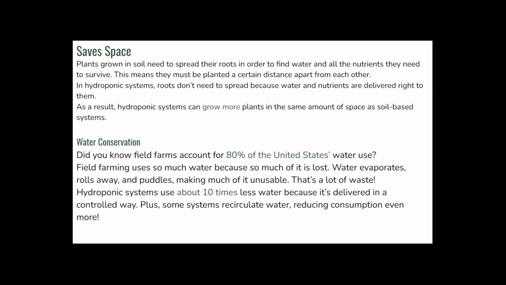And the advantages of hydroponics: it saves space. Plants grown in soil need to spread their roots in order to find water and all the nutrients they need to survive. This means they must be planted a certain distance apart. In hydroponic systems, roots don't need to spread because water and nutrients are delivered right to them.